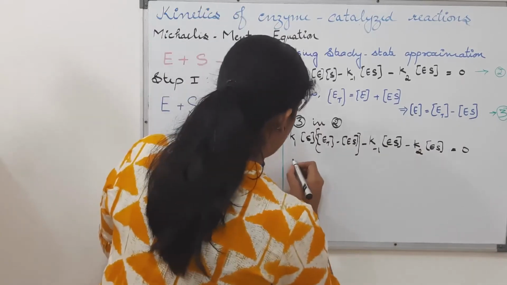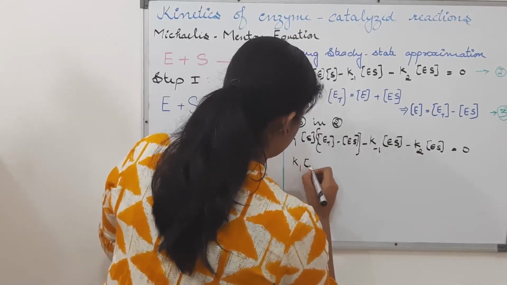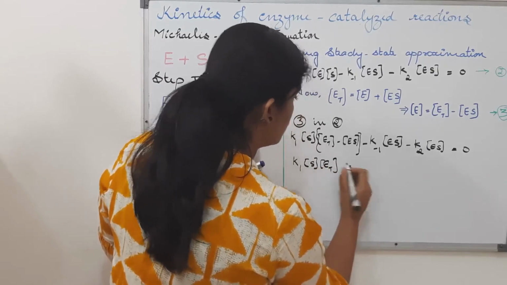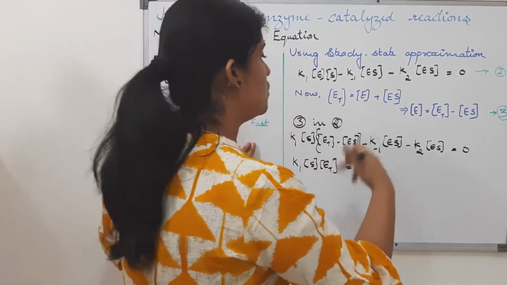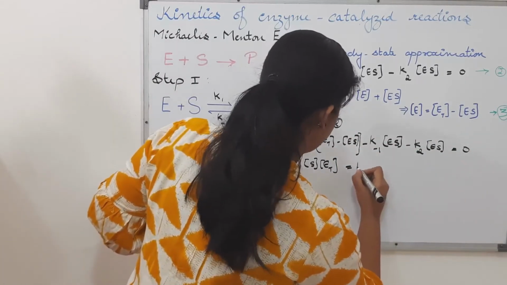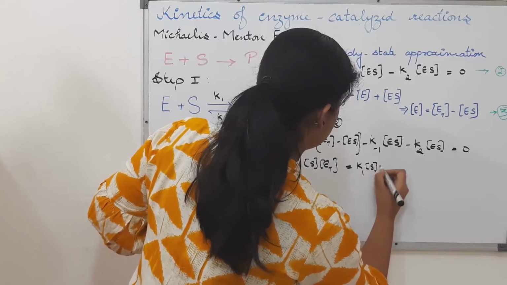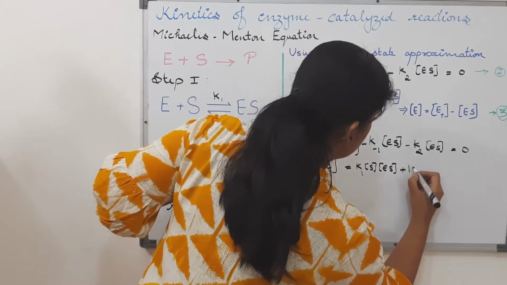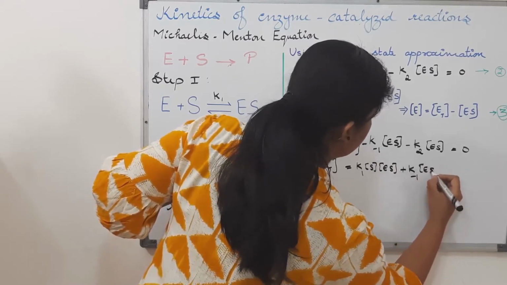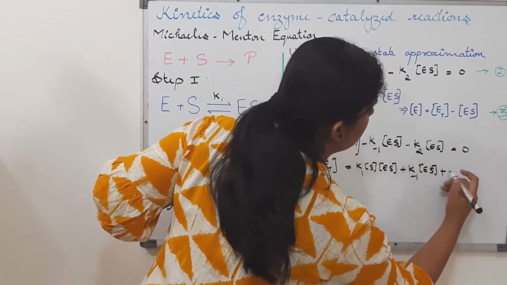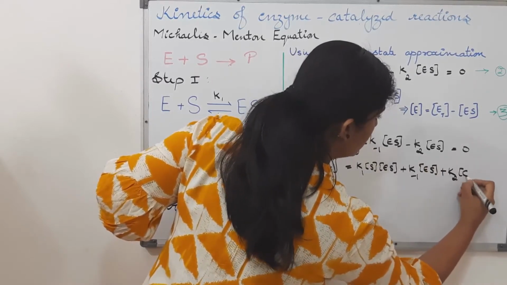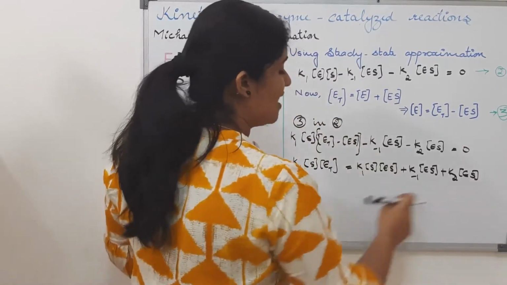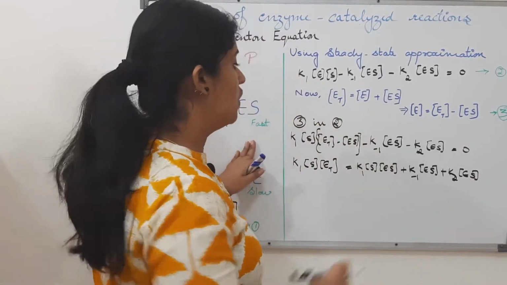When I do that, I would get K1 into concentration of S into ET, opening up this bracket, equal to, taking all those terms with ES to the other side, K1 into S into ES plus K minus 1 into ES plus K2 into ES, right? Now these 3 terms have ES, so I can take ES common.